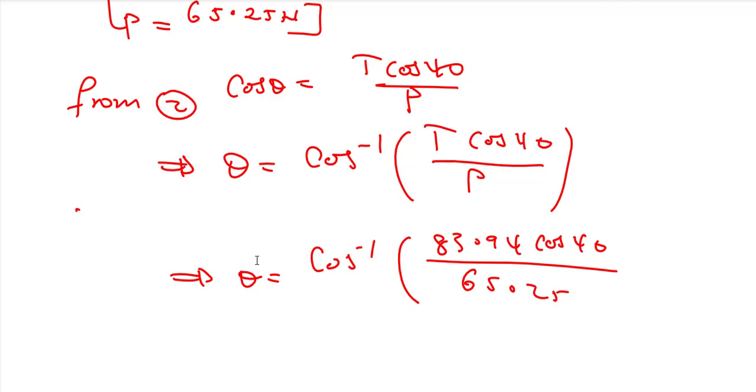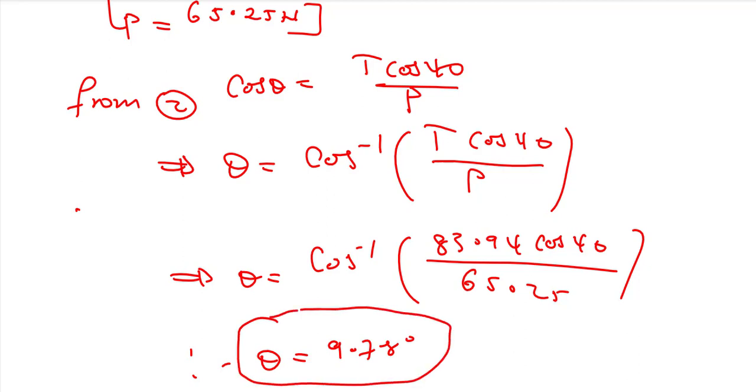Now we take the cos inverse of the answer. We have about 9.78 degrees. So theta is about 9.78 degrees. That's the value of theta for which that system will be in equilibrium.